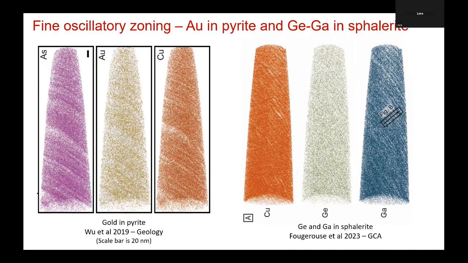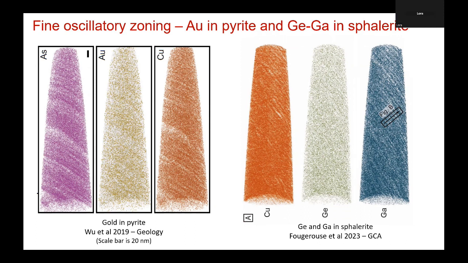When we look at them at the nanoscale, we see exactly the same thing, but several orders of magnitude smaller. So on the left, we have arsenic, gold, and copper in pyrites. And we see these very fine oscillations. The scale bar here is 20 nanometers.